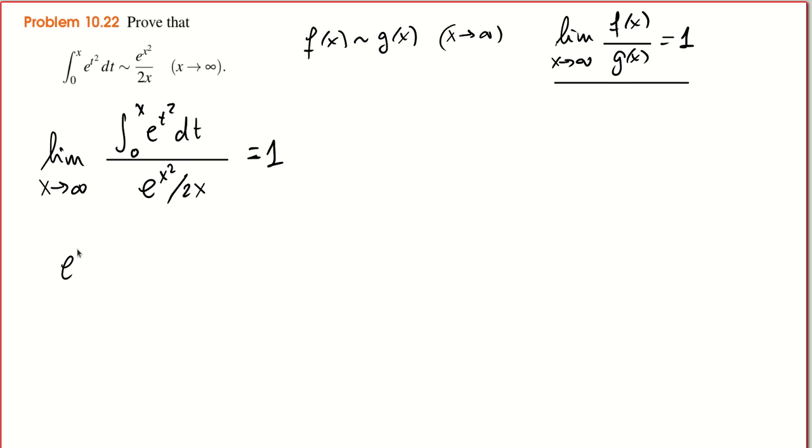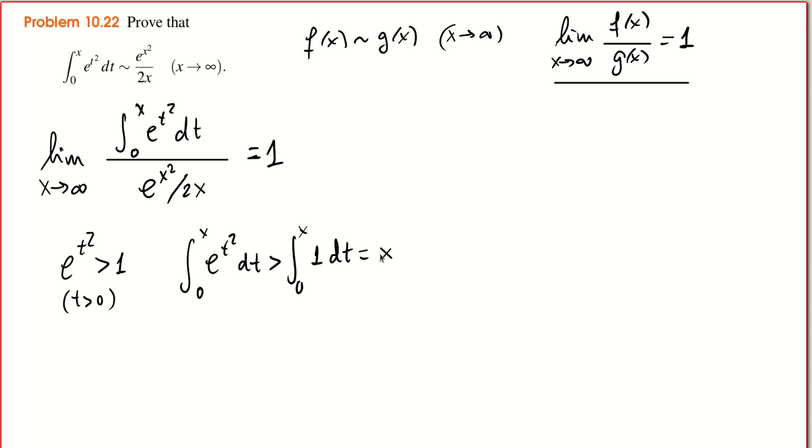So e^(t squared) is larger than 1 for any t larger than 0, which means that the integral from 0 to x of e^(t squared) is larger than the integral from 0 to x of 1 dt, which is just x. So if x goes to infinity, this one goes to infinity too. And obviously this one goes to infinity too, because you have an exponential of x squared. So what you have here is an infinity over infinity indeterminacy.